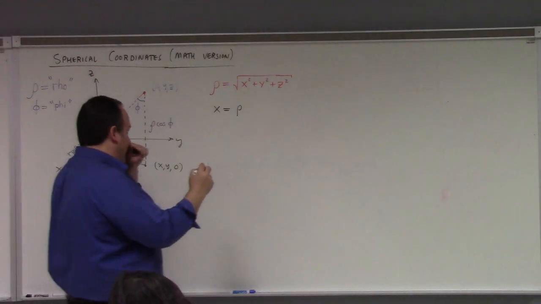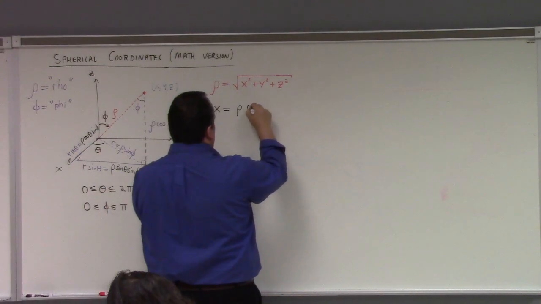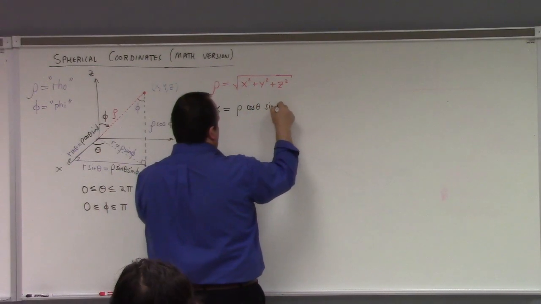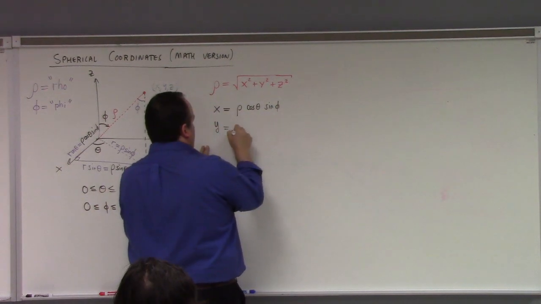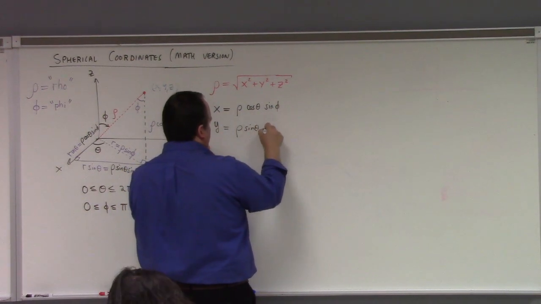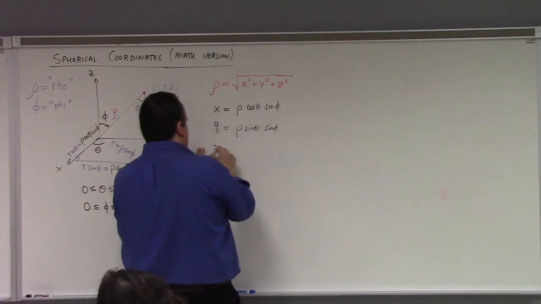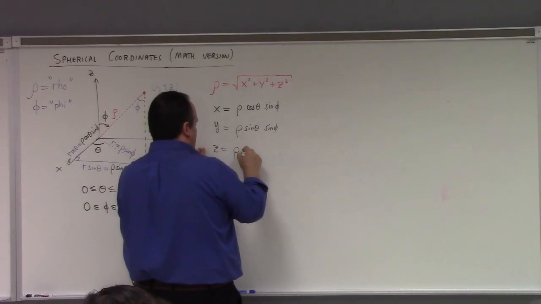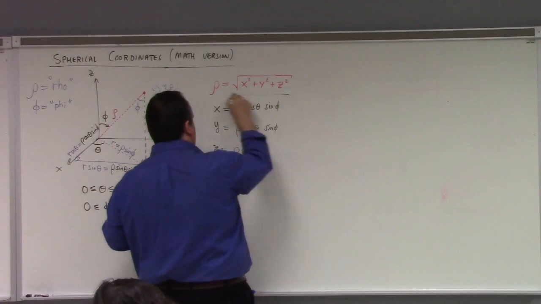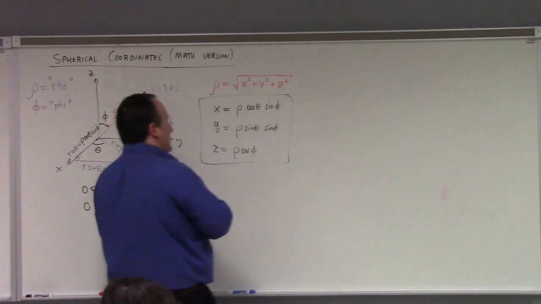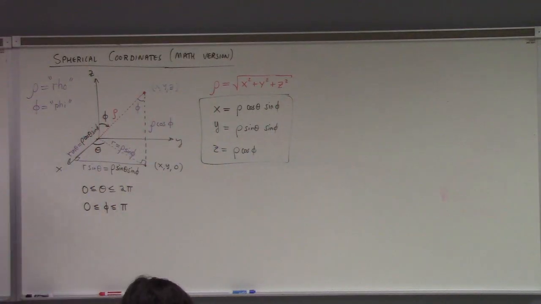So putting it all together, x is equal to rho cosine theta sine phi, y is equal to rho sine theta sine phi, and z is equal to rho cosine phi. So there you go. These define the spherical coordinates rho, phi, theta, I think.